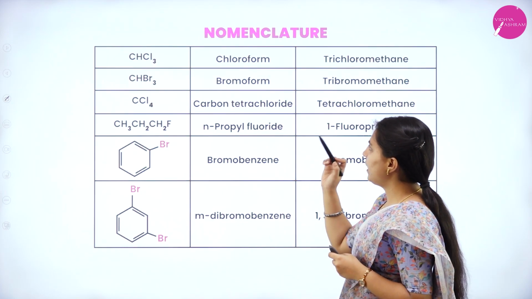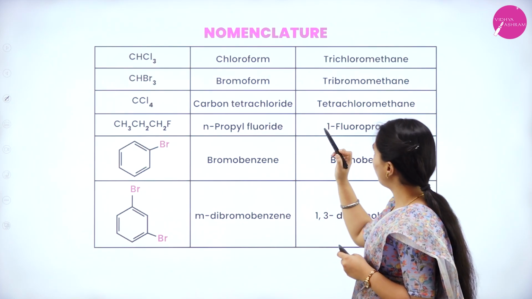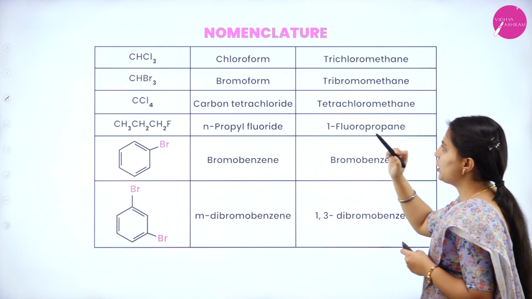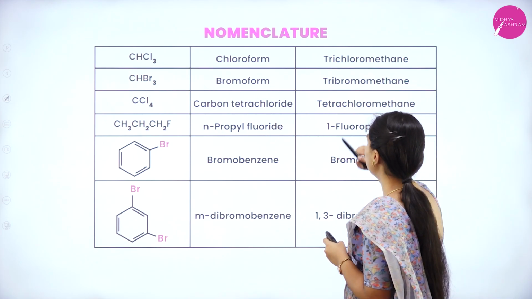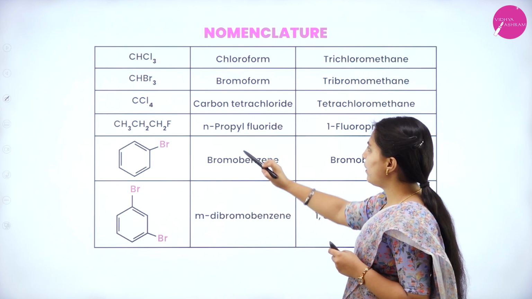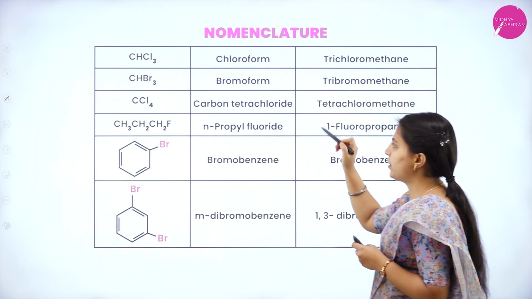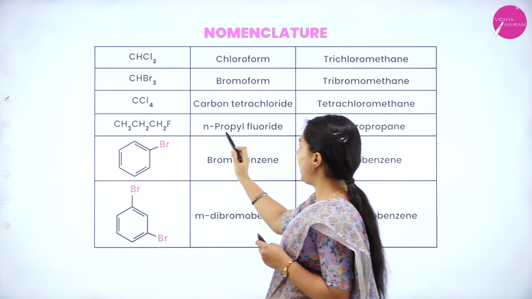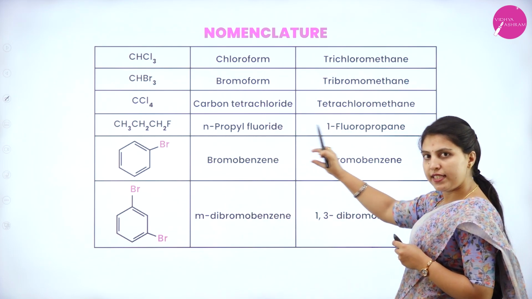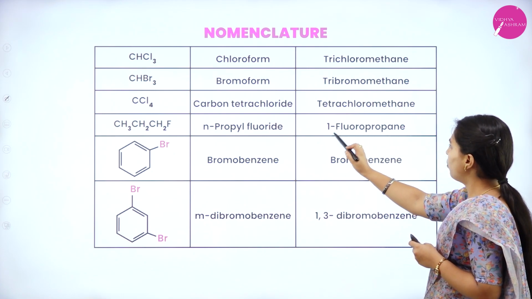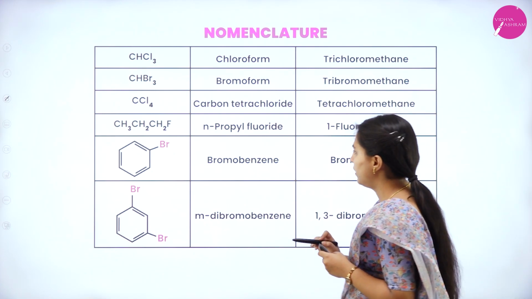Next one, CHCl3 chloroform, trichloromethane; CHBr3 bromoform, tribromomethane; CCl4 carbon tetrachloride, tetrachloromethane. CH3, CH2, CH2F, n-propyl fluoride, in the same number series. So 1-fluoropropane.